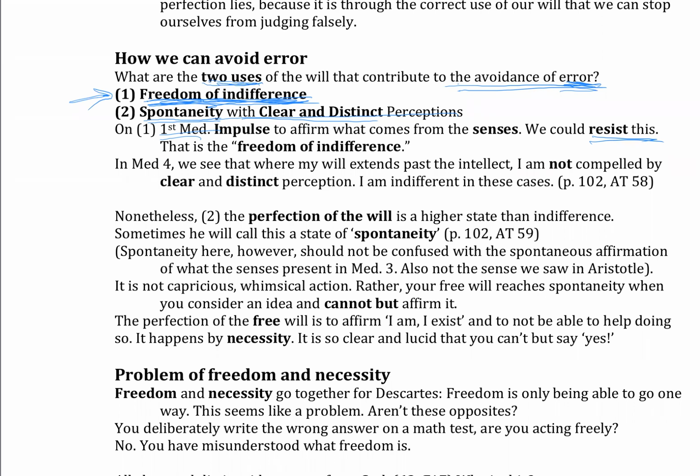So it's in the first meditation when we see that I can suspend my belief in my sitting by the fire, that I get an example of this freedom of indifference. And here in meditation 4, we see that I'm indifferent in those cases where my will extends past the intellect.